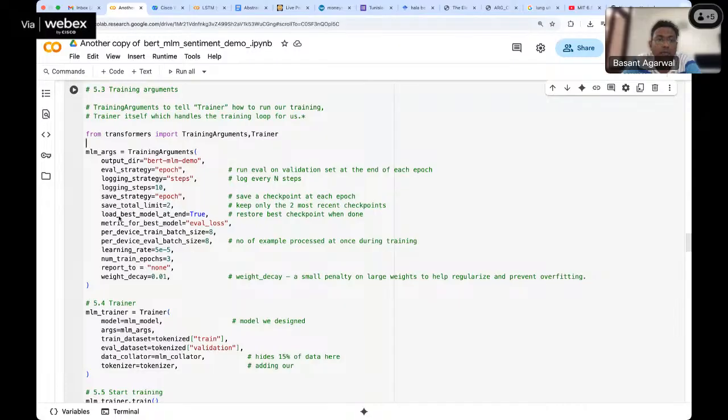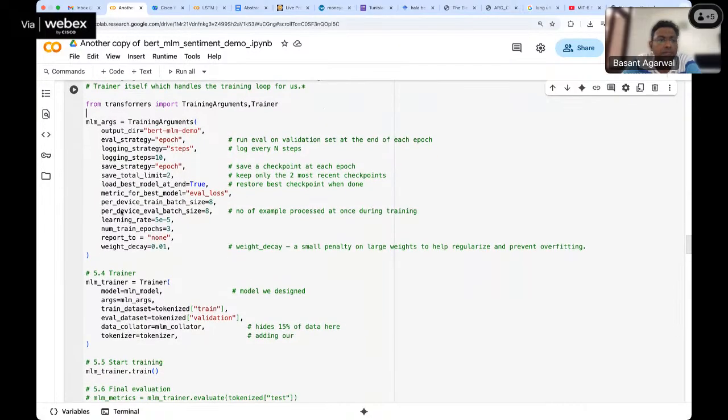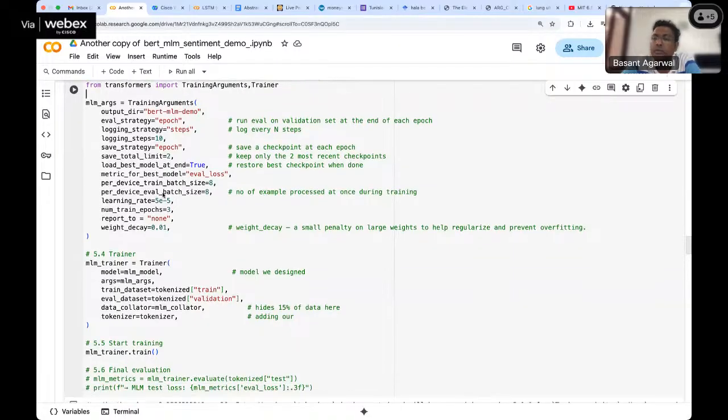We save the model at most 2 times, so it will only save the 2 best checkpoints. It will not save all the checkpoints after each epoch, but just to save space on the drive, we set that I only need to store the best 2 models. Then learning rate, weight decay, and all these parameters we can set for the training of the model.